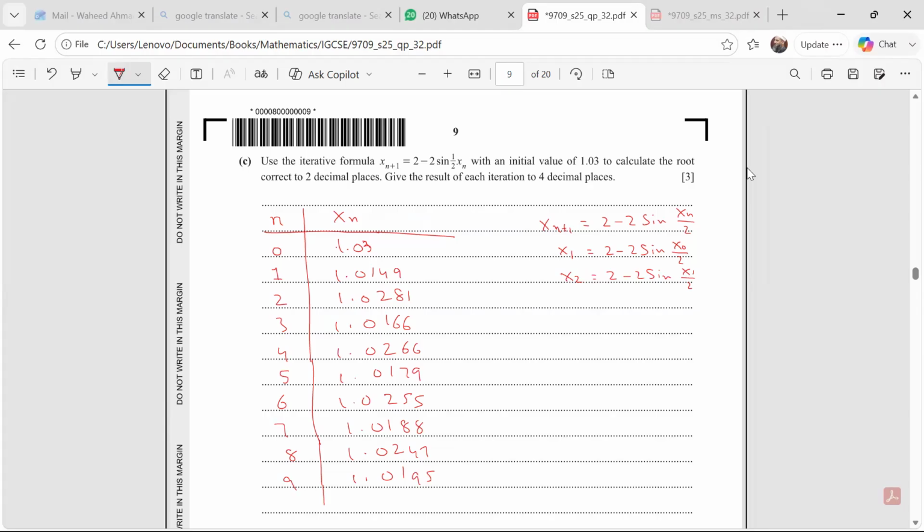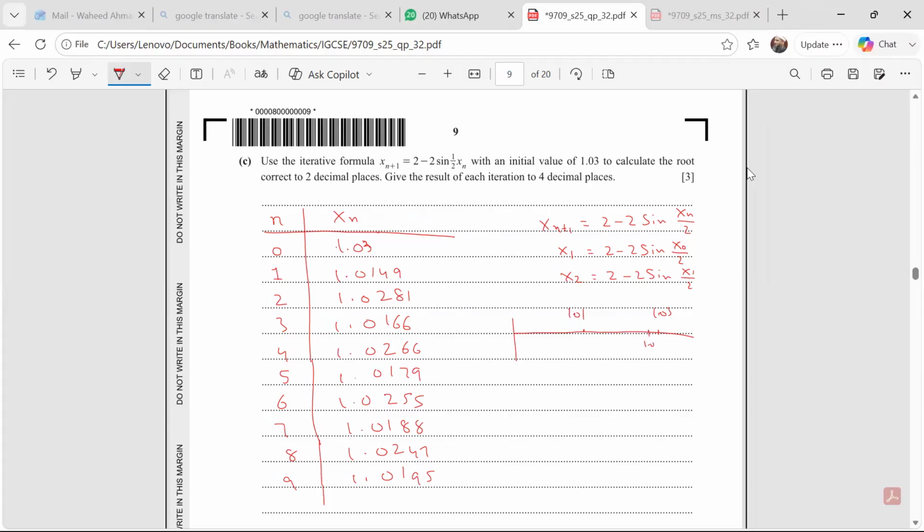There's one interesting thing here. My initial guess was, let's say, 1.03. The next value I calculated is 1.01, which is much less than this. Next value is 1.028, so that is before this one, right?